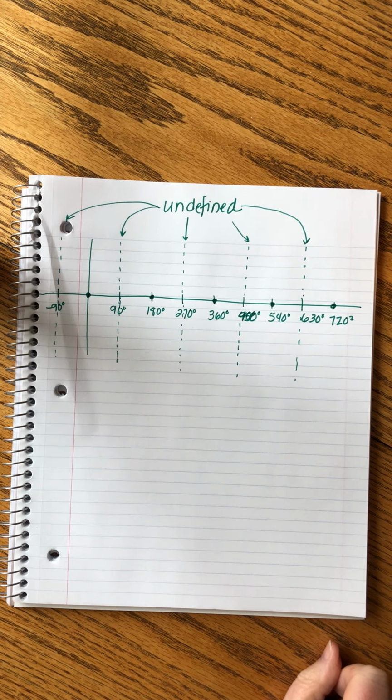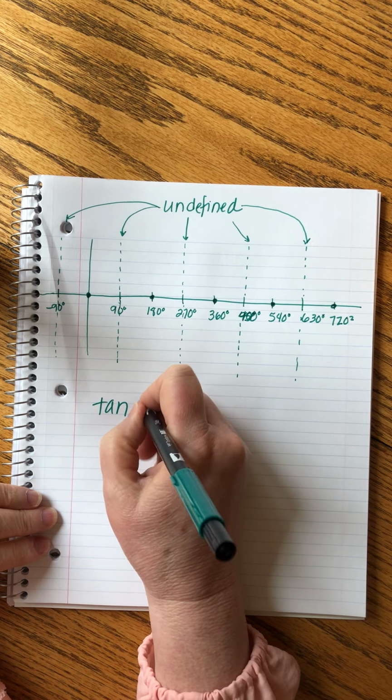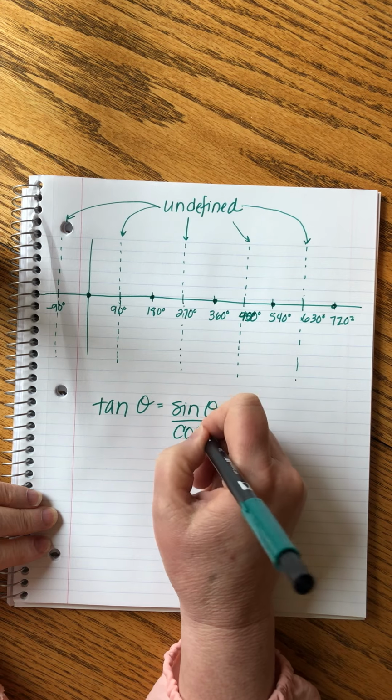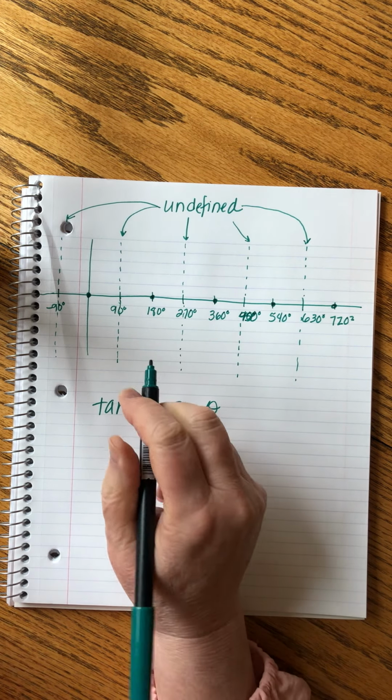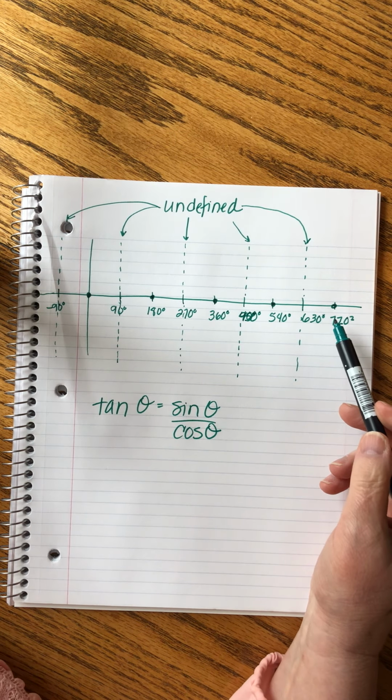Well, we can spend a lot of time graphing, which I don't want to do. But what we will see is that if you remember that tangent equals sine over cosine, we can use this to calculate values at any of these other points along the way that we want.